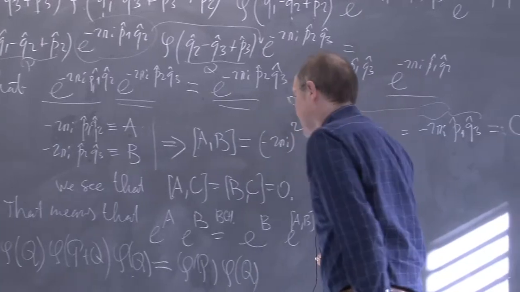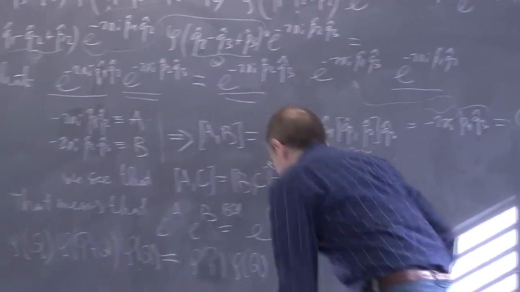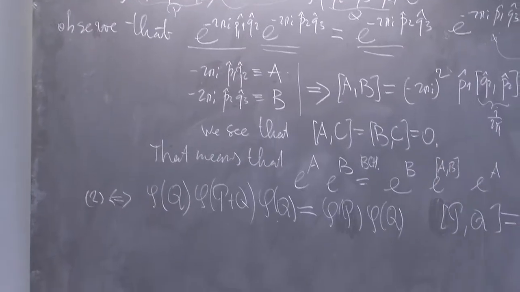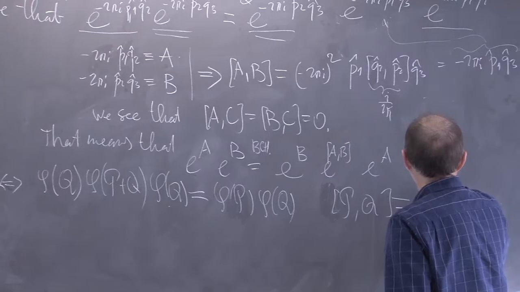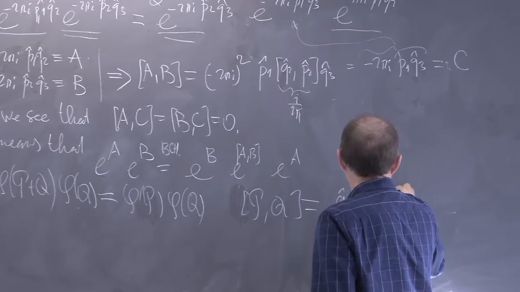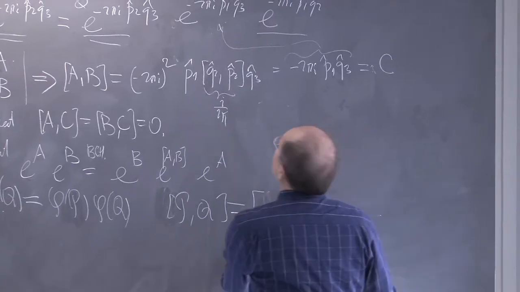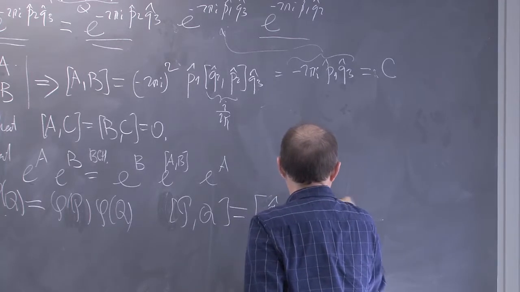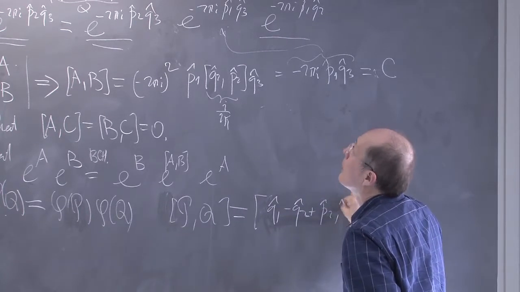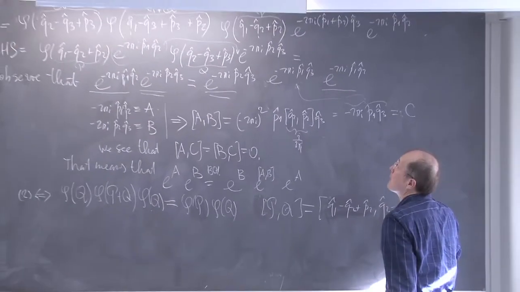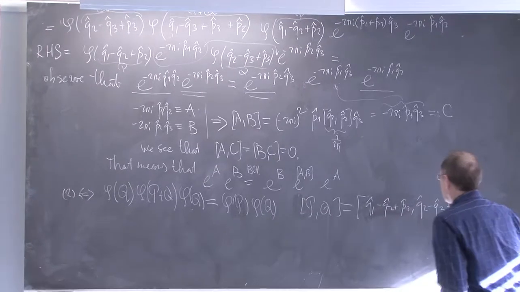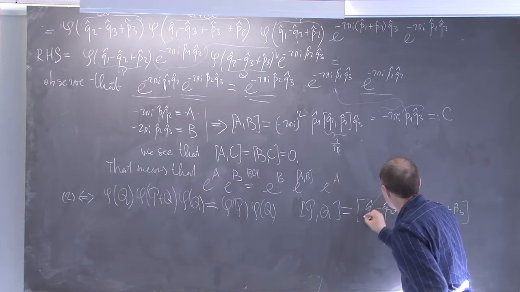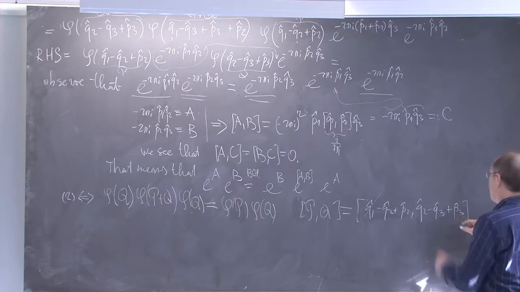And now let us commute capital P with capital Q by using substitutions: Q2 hat minus Q3 hat plus P3, that's P, and Q1 hat minus Q2 hat plus P2, that's Q. In the second term, there is nothing depending on 1, so this does not contribute. 3 does not contribute as well.